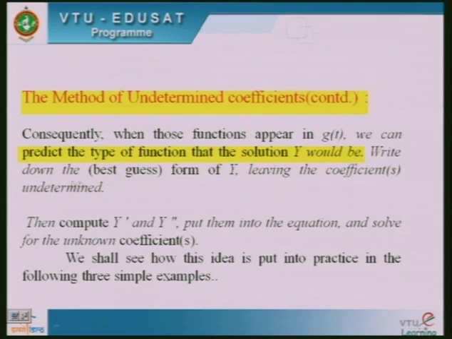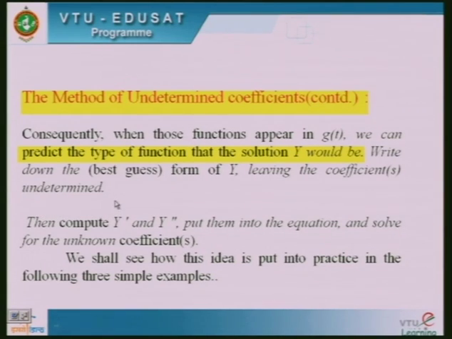Consequently, when those functions appear in g of t, we can predict the type of function that the solution y would be. On the basis of g of t, we can assume and write down the best guess for the form of y, leaving the coefficients undetermined.